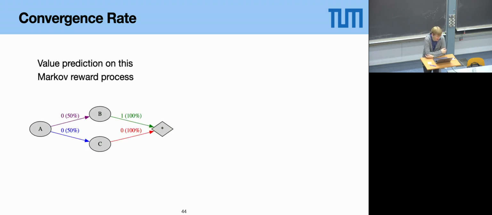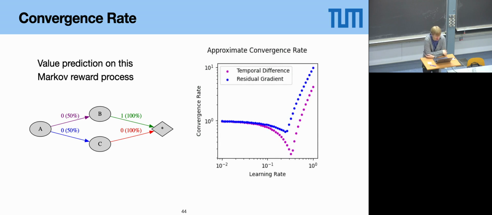One way to measure it is to take just any Markov reward process, there's nothing specific about that one, and estimate the values, and then we can record the convergence rate, how fast the values are approached. What you can see here is the blue curve, that is the gradient method, has a consistently higher convergence rate than the non-gradient method, that is the purple data points here.